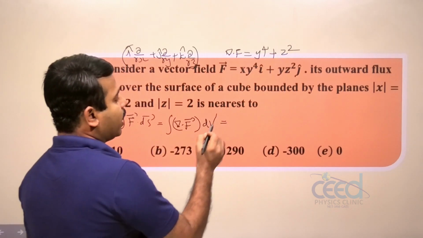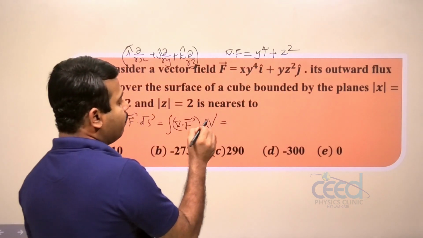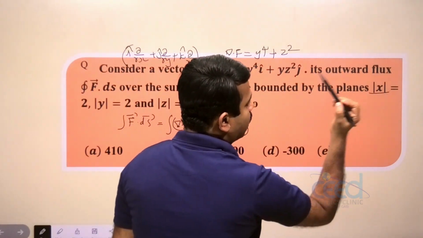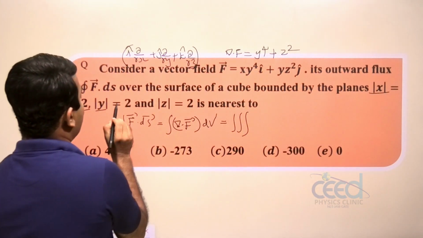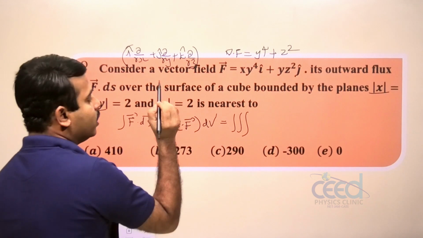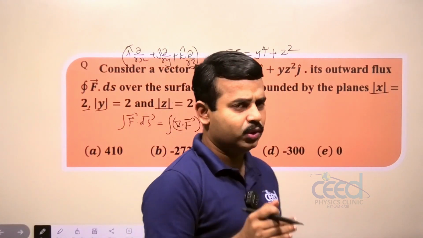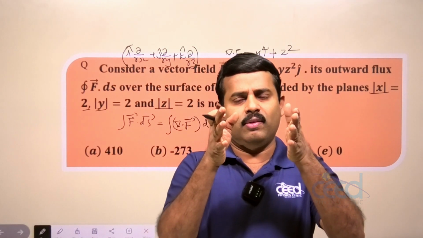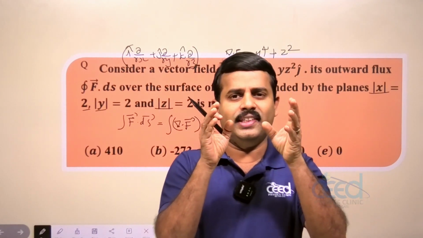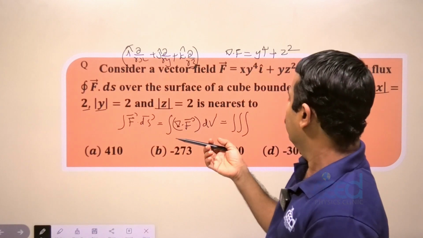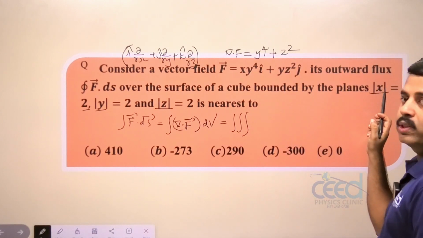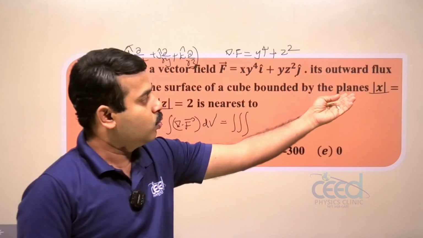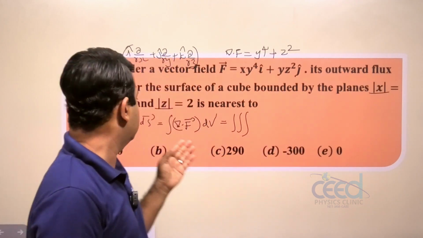Now, the volume means a triple integral, because they have given the region: |x| = 2, |y| = 2 and |z| = 2. What does |x| = 2 mean for the x value? That region is plus or minus 2, because when you choose x as plus or minus 2, |x| will be 2 only.